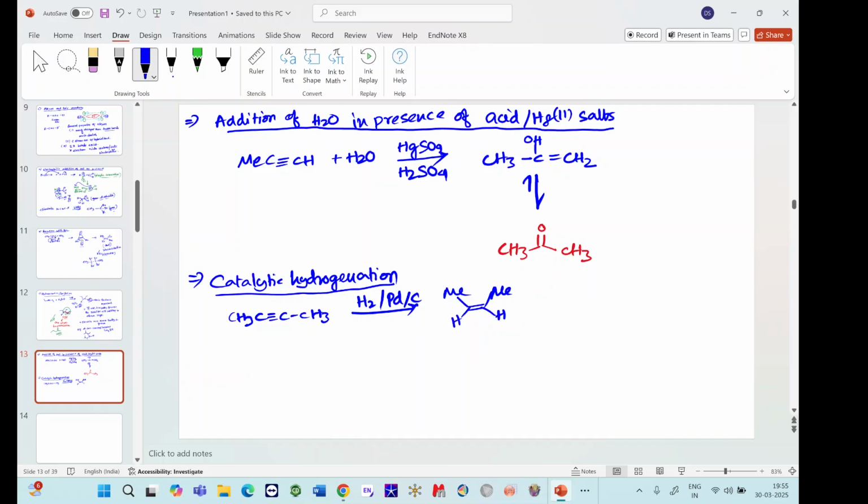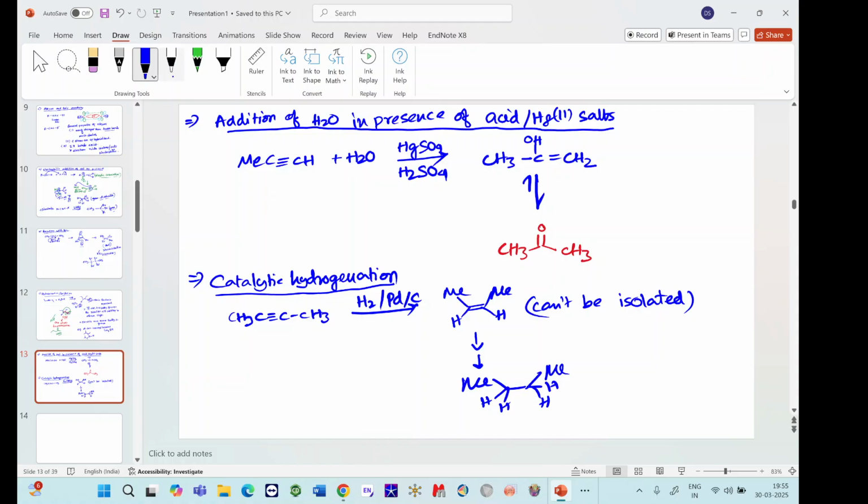Both the protons will come on the same side. But now, the problem is that it will not stop here. It cannot be isolated. You cannot isolate this one. So again, it will go further and further, and you will end up with the alkane. So basically, you can see it is of no use.